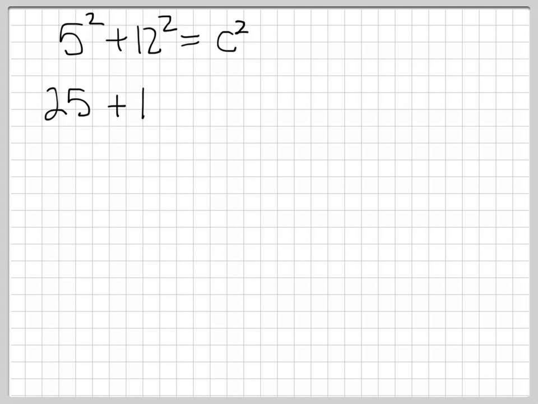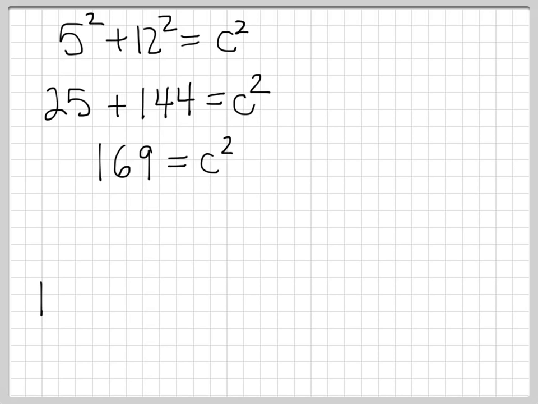Well, if we take that equation, 5 squared plus 12 squared equals c squared, then 5 squared is 25, 12 squared is 144, and this has to equal c squared. 25 plus 144 is 169, and 169 is 13 times 13.